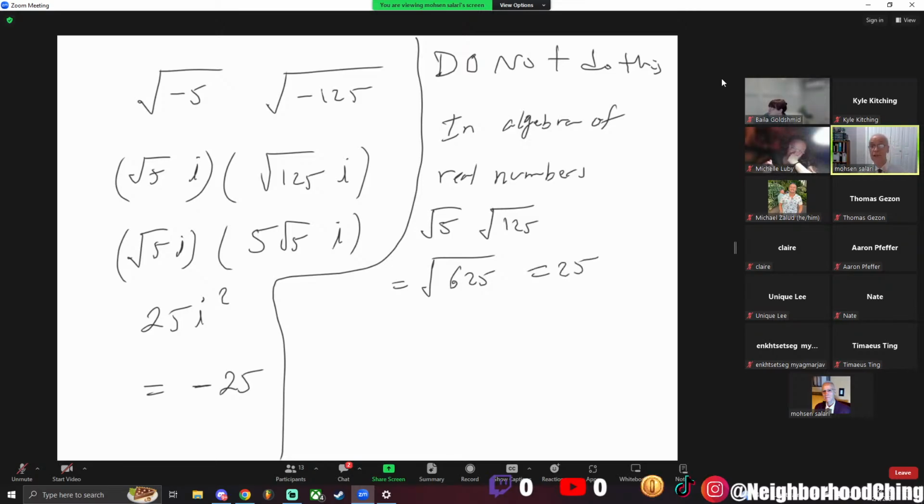But this is not real number algebra. You cannot do this. Do not do this. This algebra, complex algebra, is slightly different.